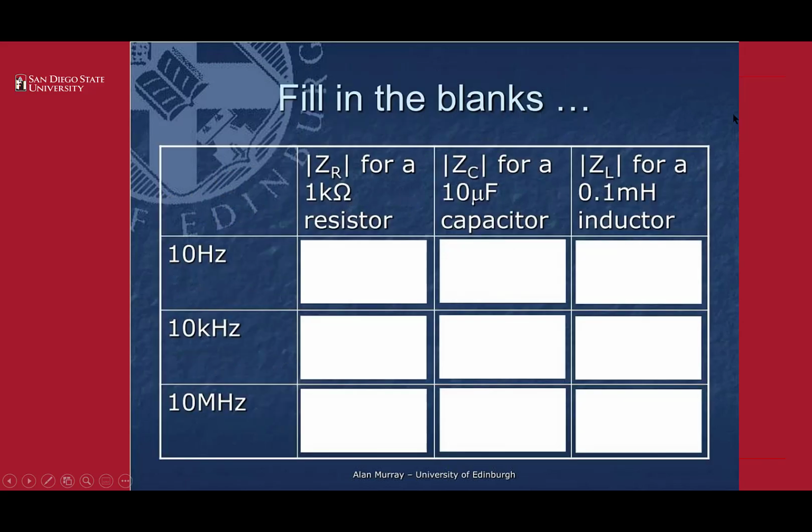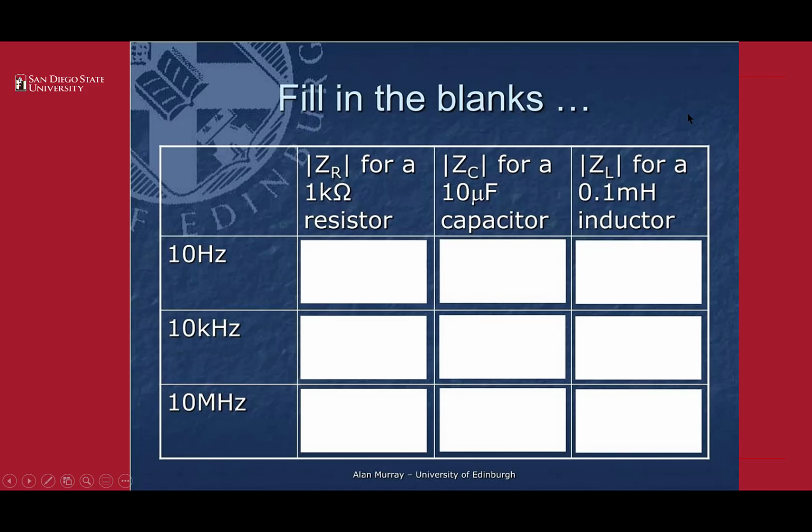Here there are some example questions for you to answer. We ask ZR for a 1 kilo ohm resistor at 10 Hz, 10 kHz, and 10 MHz, and the same for a capacitor, ZC for a 10 microfarad capacitor at 10 Hz, 10 kHz, 10 MHz, and similarly we ask the ZL value for a 0.1 millihenry inductor for all these 3 frequencies.